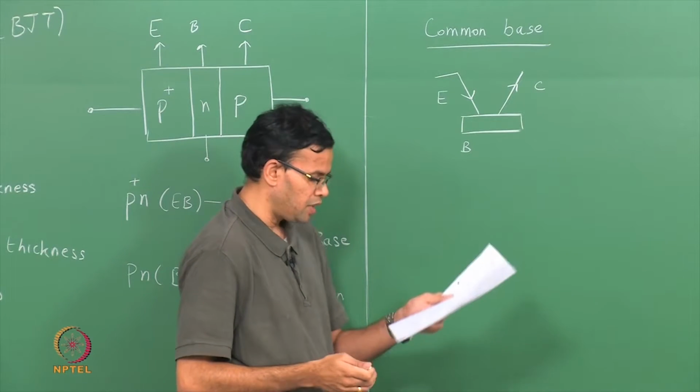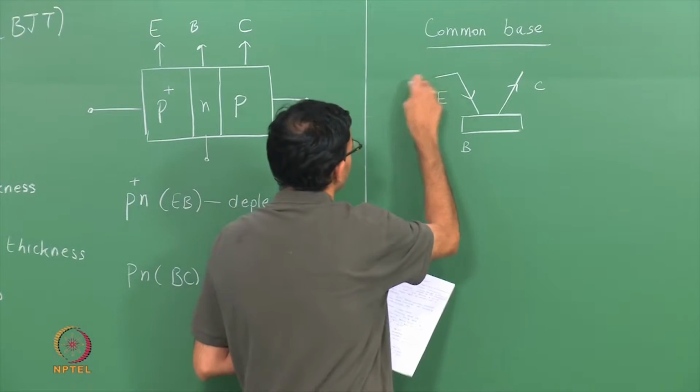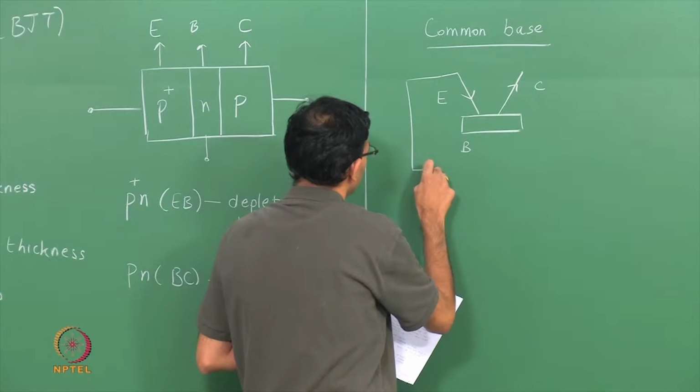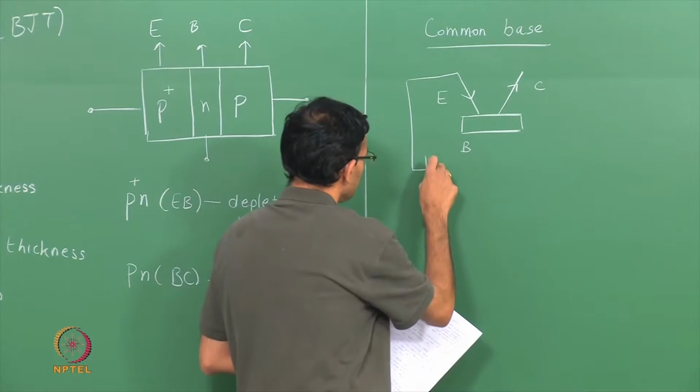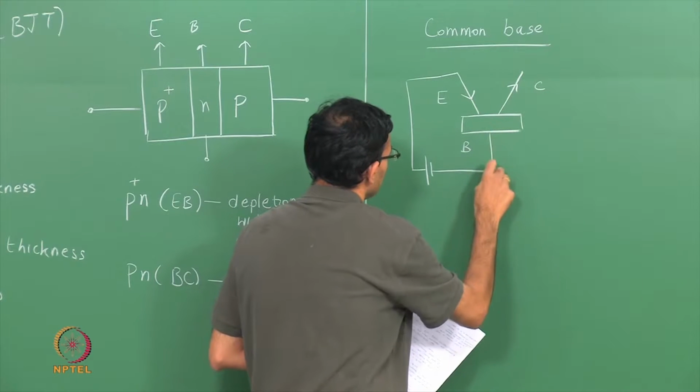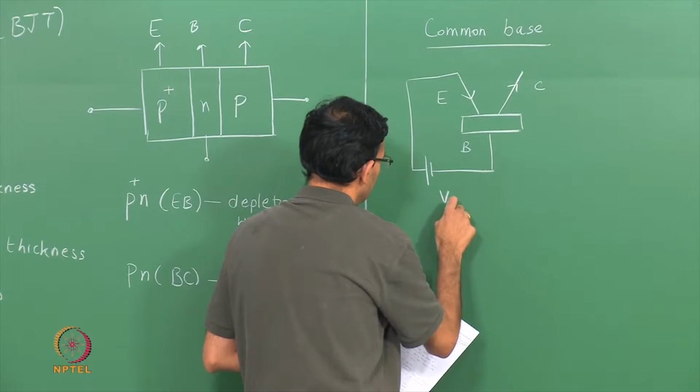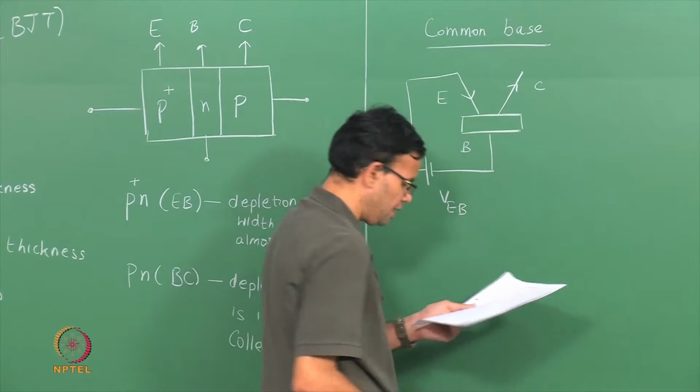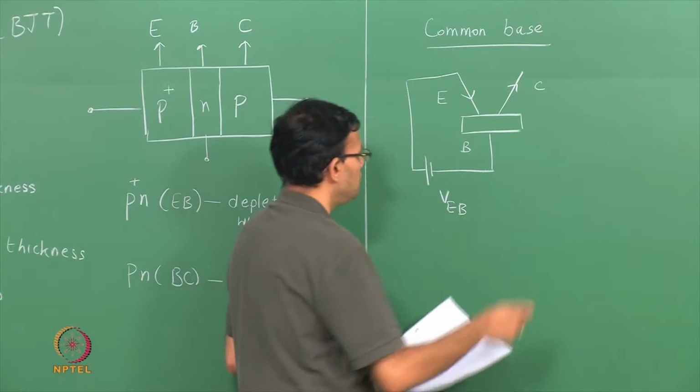The emitter base junction is forward biased, and the collector base junction is reverse biased.